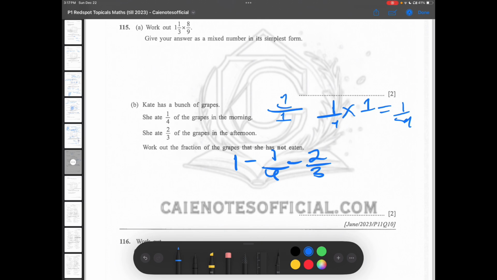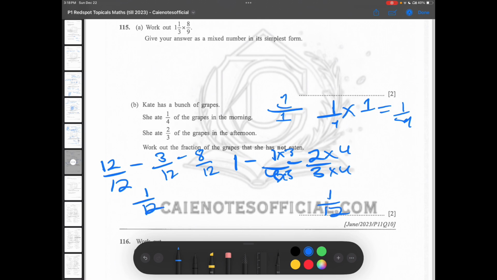So this 1 will become 12 upon 12 minus this 4 multiplied with 3, 1 with 3 as well. This becomes 3 upon 12. And this becomes 2 multiplied with 4, 8 upon 12. So this is 12 minus 3 minus 8, which will be 1 upon 12 that is left. That she has not eaten is the answer.